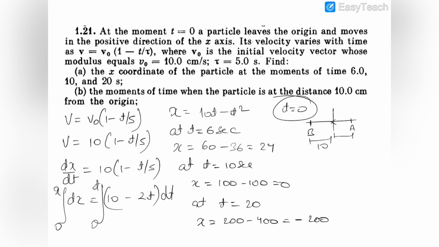So let us substitute x as 10. So 10 is equal to 10t minus t square. Or let us find the value of t in terms of x, and then afterwards we'll substitute the value of x. So x is equal to 10t minus t square.